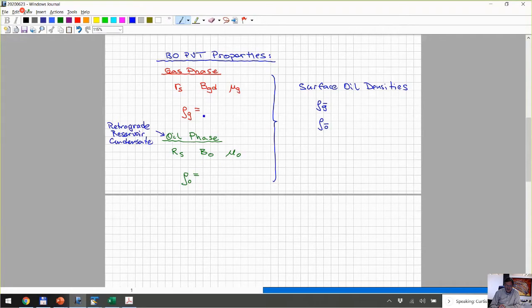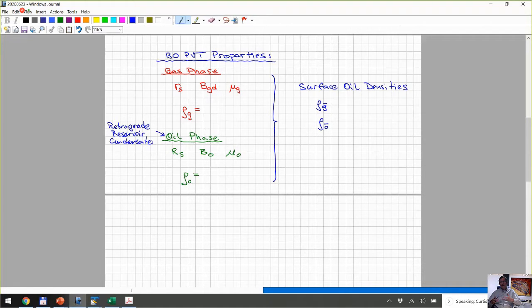And then we have to calculate the phase densities, which for most gas condensate fields don't make any difference. You don't have much gravity segregation, if any, ever in a gas condensate reservoir. So gravity within the reservoir is a non-issue for gas condensates. You don't get gravity segregation because the oil mobility is so low.